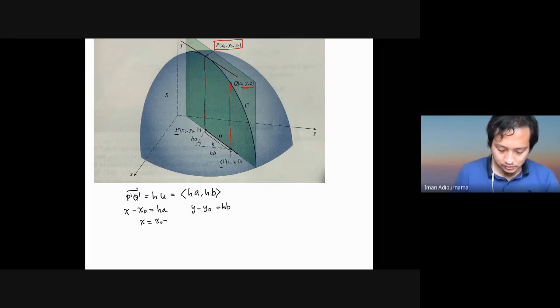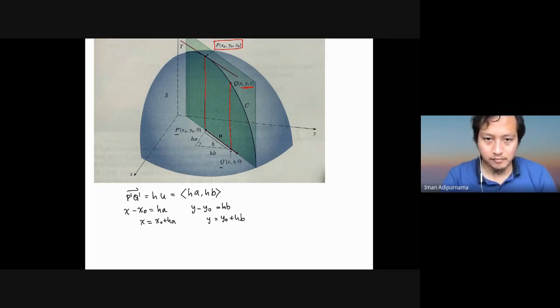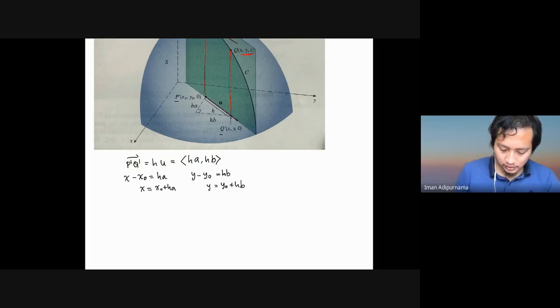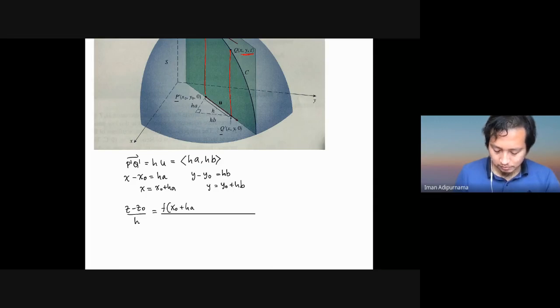So we can have an additional h. Then we can take the difference in z, or z minus z0 over h, and this should be equal to f at x0 plus ha, y0 plus hb, minus the initial point, divided by h.